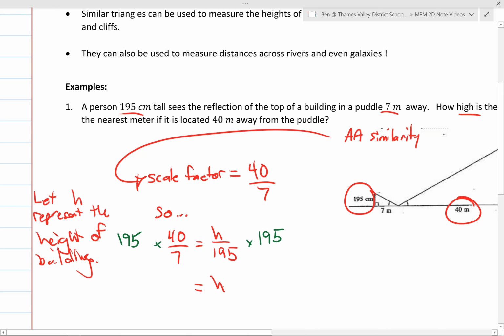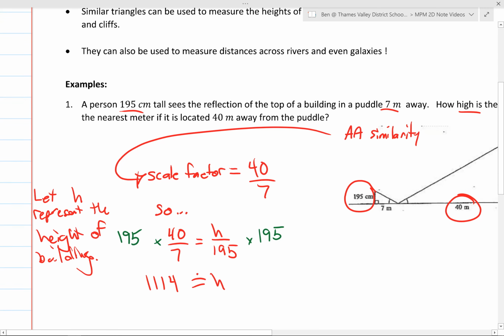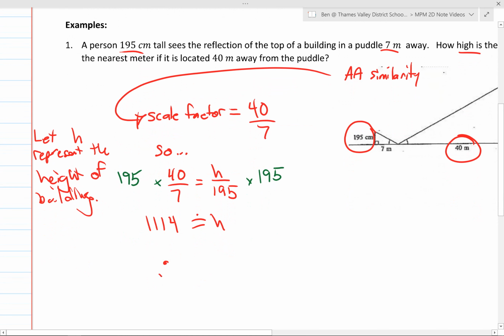We're working with 1,114 meters. That's approximate, so we'll put a dot above our equal sign here. Therefore, the building is 1,114 meters high.